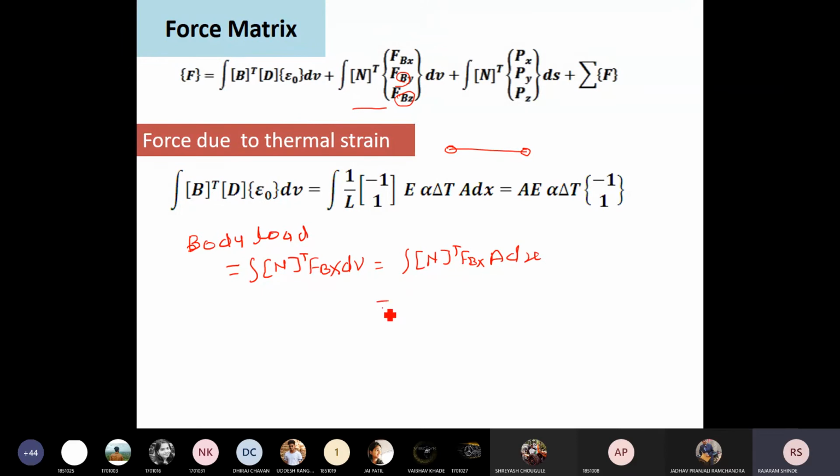Now I will take FBX A outside, integration of N transpose dx. Now N for a one dimensional element is Ni Nj.